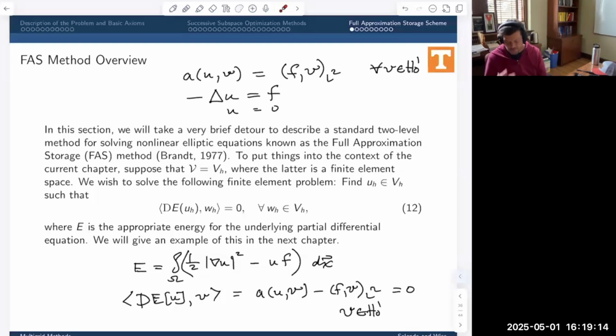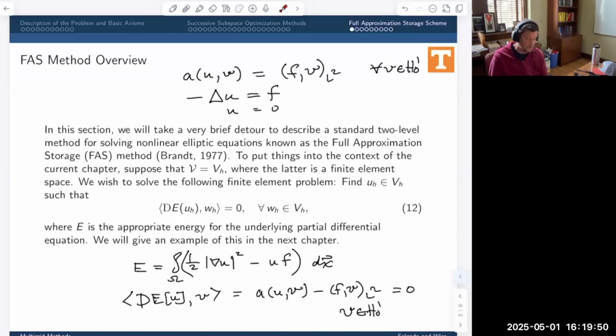We introduce a mesh, and then we calculate a conforming finite element space with respect to that mesh, et cetera, et cetera. So essentially what I'm saying is we come up with an energy, we take its Frechet derivative, set that equal to 0, and that's of course exactly equal to our weak formulation. The only thing is we're doing this over a finite element space rather than over this infinite dimensional space, right? Okay, so now we already have methods for solving this, right?